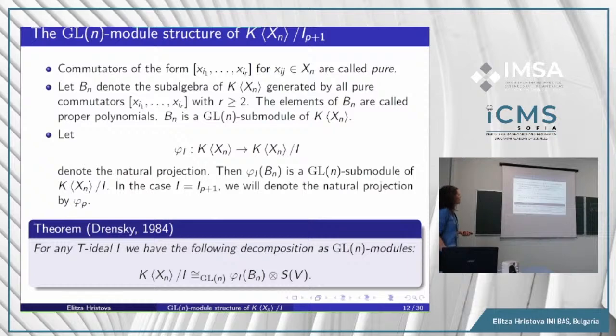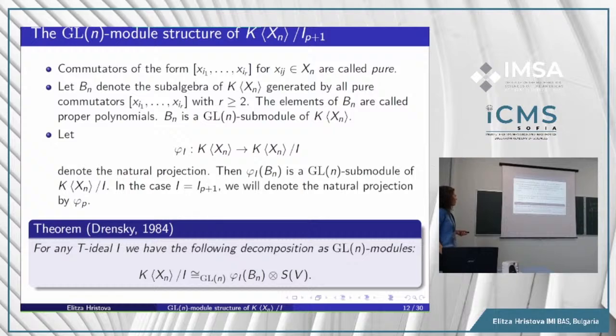The elements of Bn are called proper polynomials. If we consider the natural projection from K of xn to K of xn mod I, by phi_I of Bn we will denote the image of Bn, so that would be the subalgebra of proper polynomials inside the quotient. In the case when the ideal I is just I_{p+1}, we'll denote this projection by phi_p.